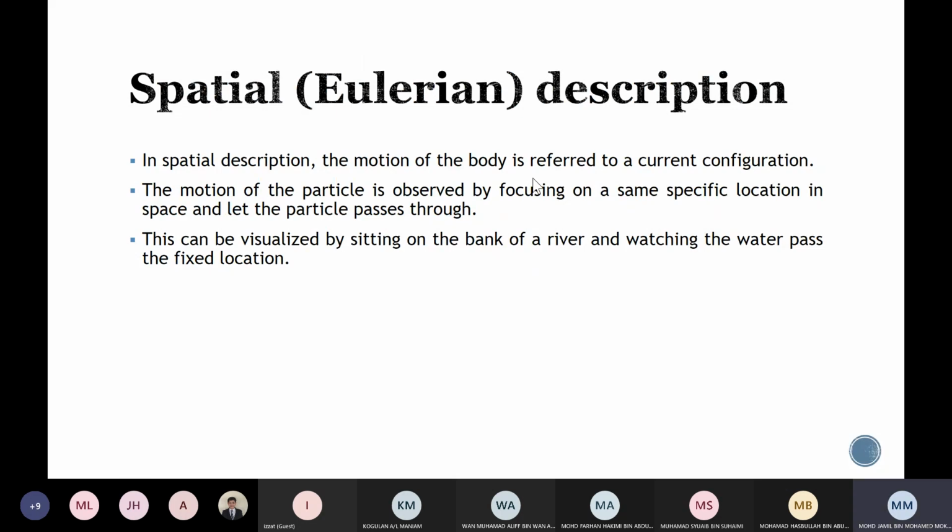This can be visualized as sitting on the riverbank: let's say this is the river, you sit here, and you just watch the particles move. So this is spatial. The other one is where you observe the motion as if you sit in the boat.